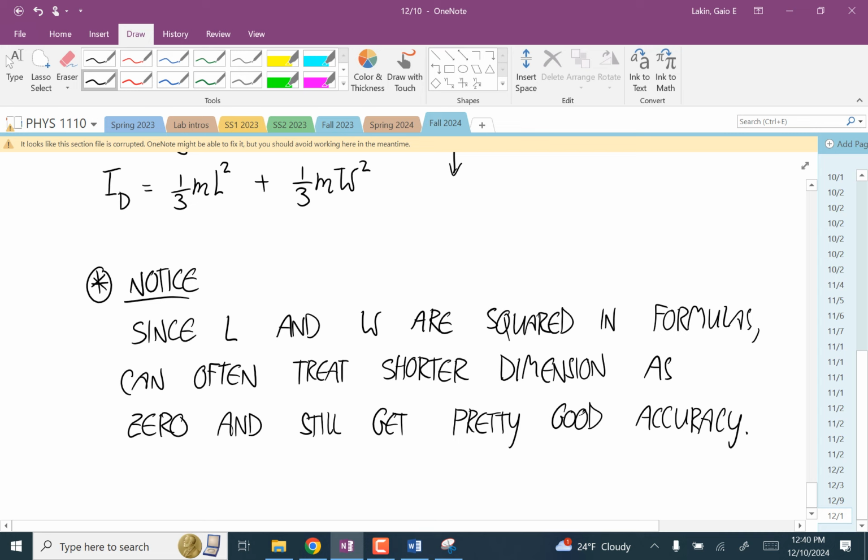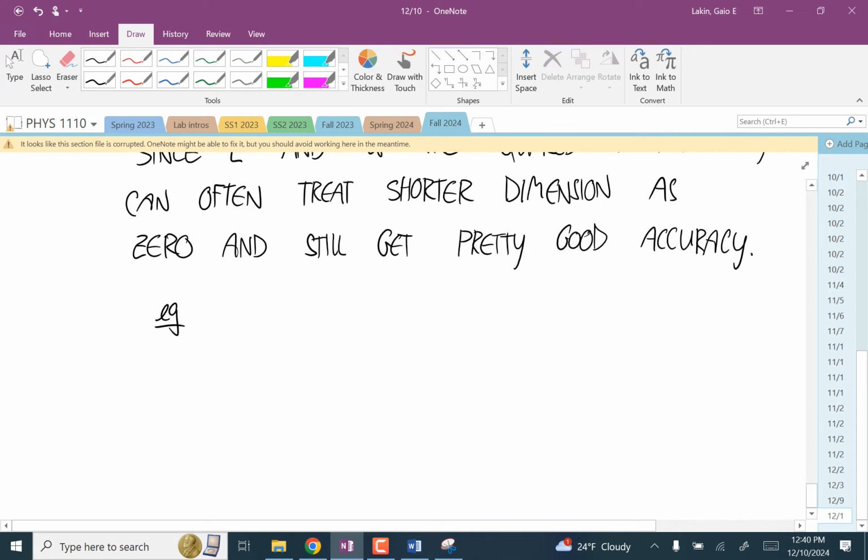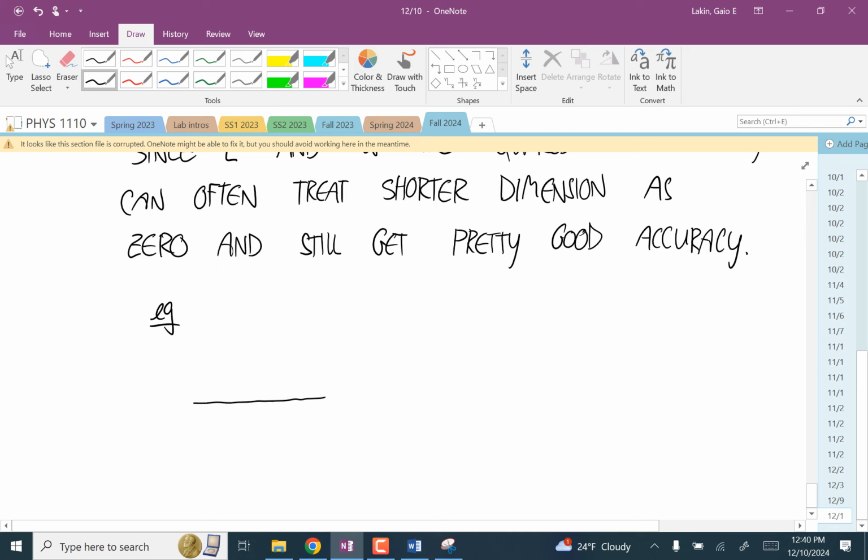So let me show you an example of how that works. Let's say that we have a board, and let's say it has a length this way of 1 meter, and a width this way of 1/10 of a meter.